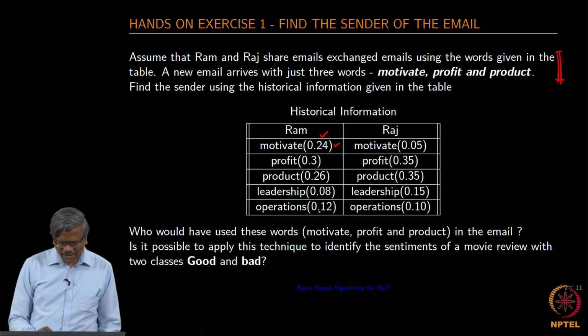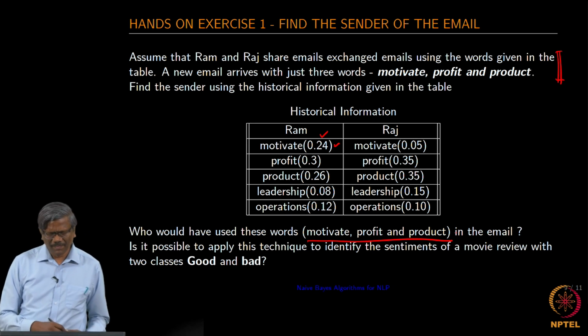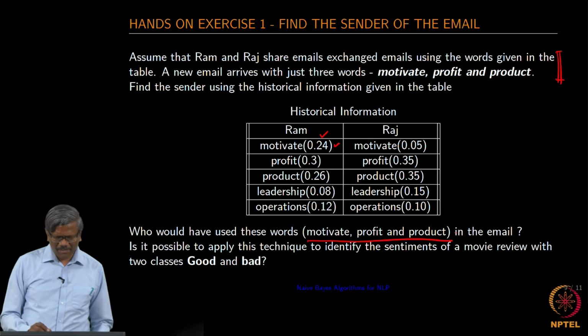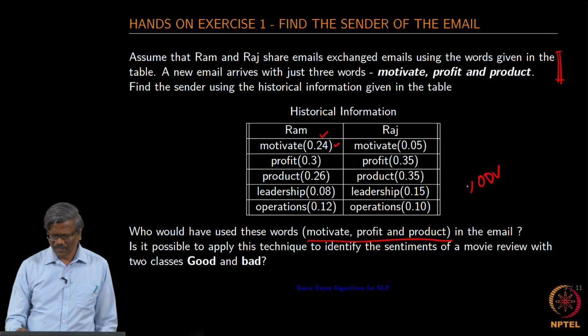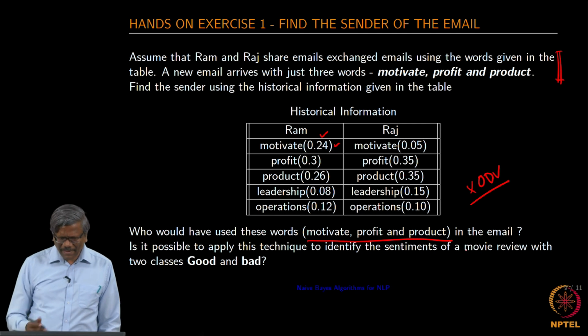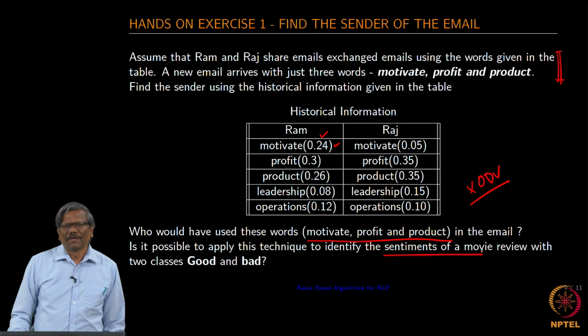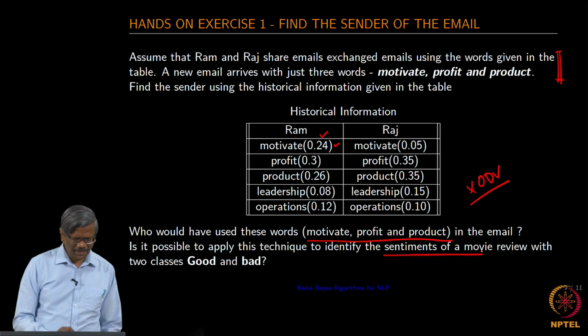So what you want to find out is, when an email comes with these 3 words, who had sent this mail. So it is very similar to what we have done earlier, and I think you will be able to solve this quickly. It does not contain any OOV in this case. Okay. So you can also apply the same mechanism as I mentioned earlier, that we can find the sentiments of a movie review or product and so on, right.